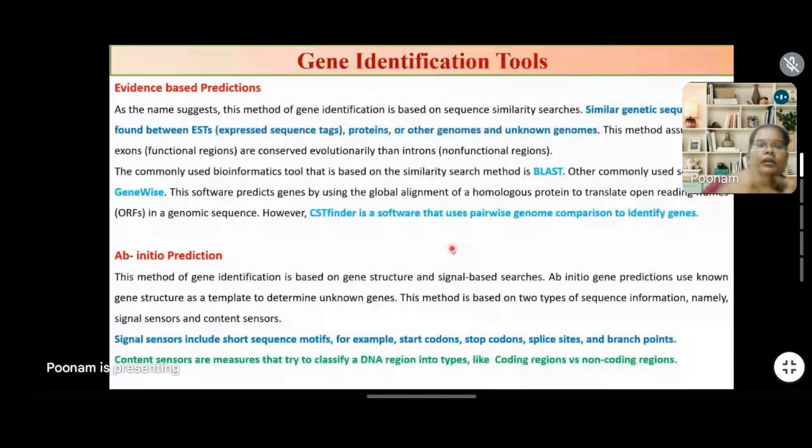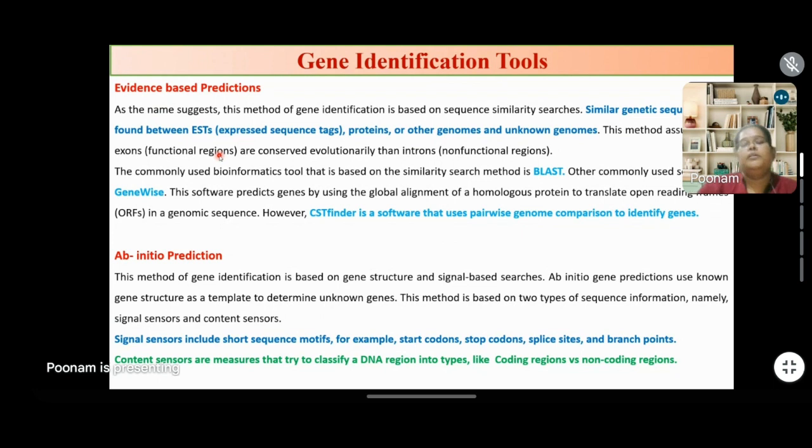So earlier we also saw genome annotation, ab initio predictions, and evidence-based prediction. Evidence-based prediction takes the information already available in the form of databases.